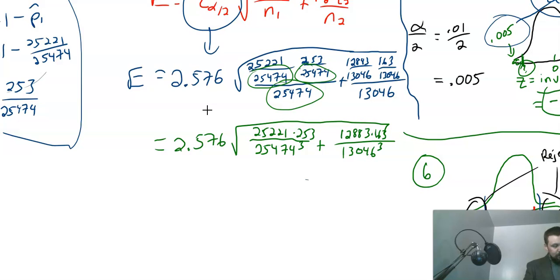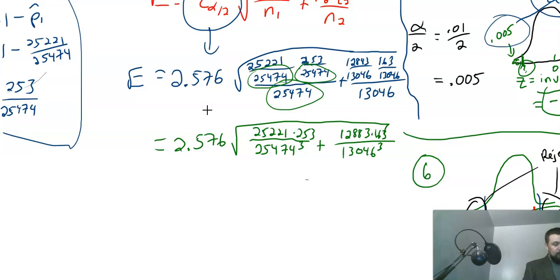2.576 times the square root of 25221 times 253 divided by 25,474 to the third power plus 12,883 times 163 divided by 13,046. Almost made a mistake there. 13,046 raised to the third power.